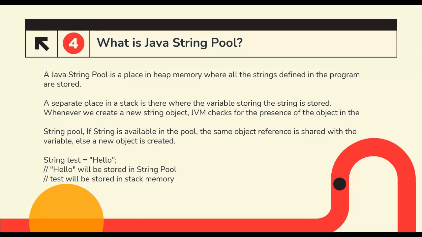So memory usage is optimized, since it will not create a new one. For example, if String test equals hello, the hello will be stored in the string pool, and test is stored in the stack. Now suppose we create another variable test equal to hello, it will not allocate any memory in the heap. It will return the same reference of the hello. So this is the concept of the string pool, right?